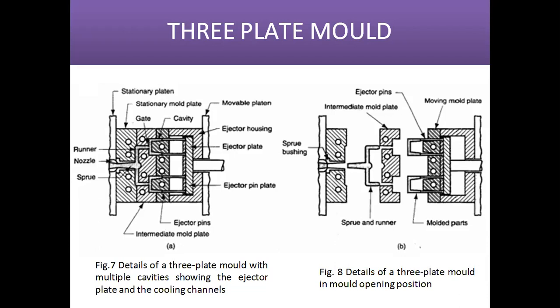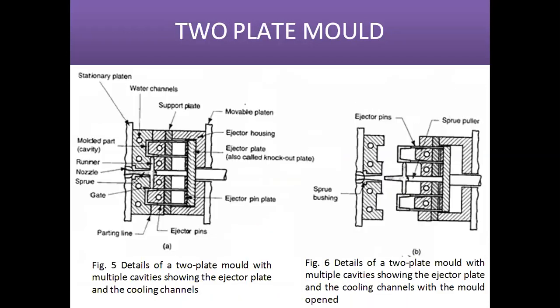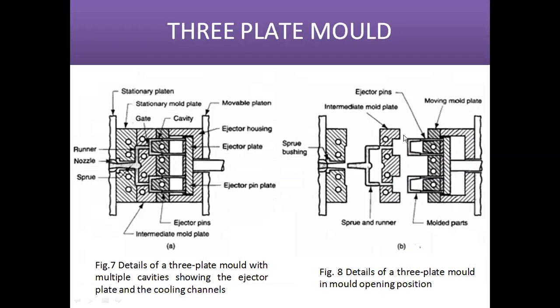Now there is another process that is called hot runner mold. In the hot runner mold, the material in the sprue and runner will always be in the melting stage or in the molten state. As a result, we don't need to melt the sprue and runner again for each of the cycles.